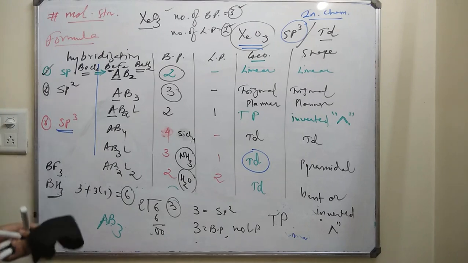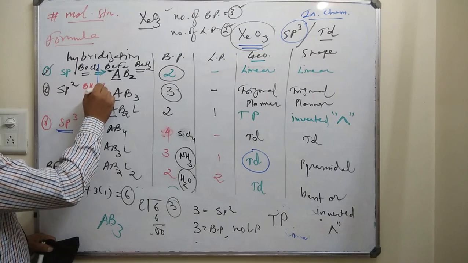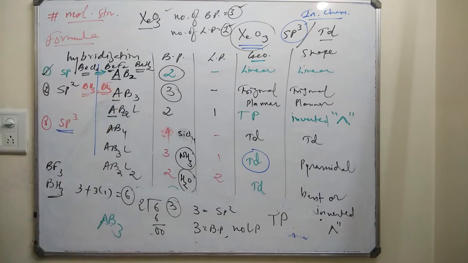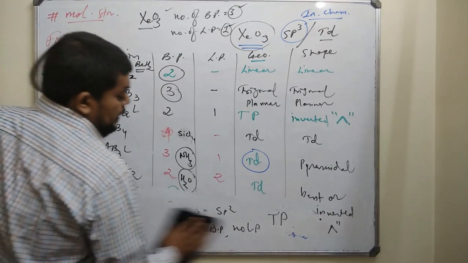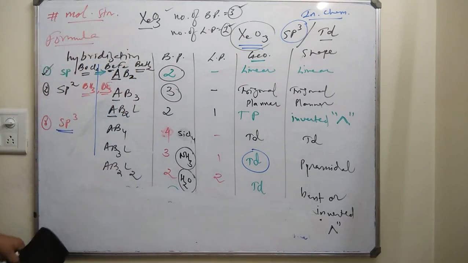So, friends, over here, you can very easily say that whether it is BH3 or BF3, you are very closely encountering AB3. Let us go a step ahead and let us solve AB2L.